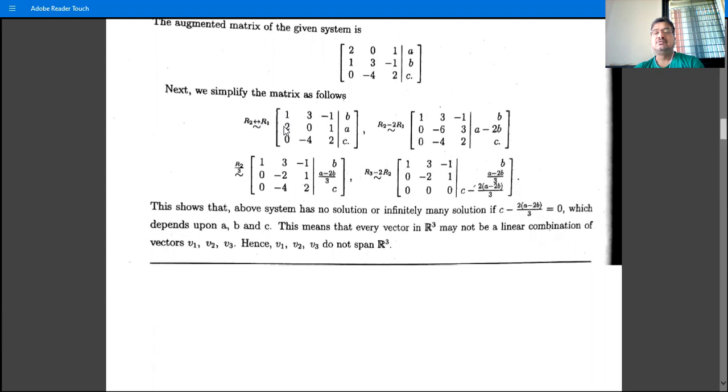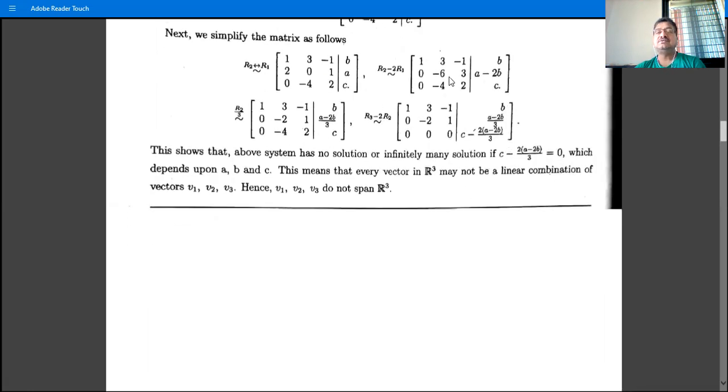So reduce this 2 to 0. R2 - 2R1 is the application. Then we have 0, then -6, and -2 + 1 is -3, and then we have a - 2b by using this approach. And this last row as it is.